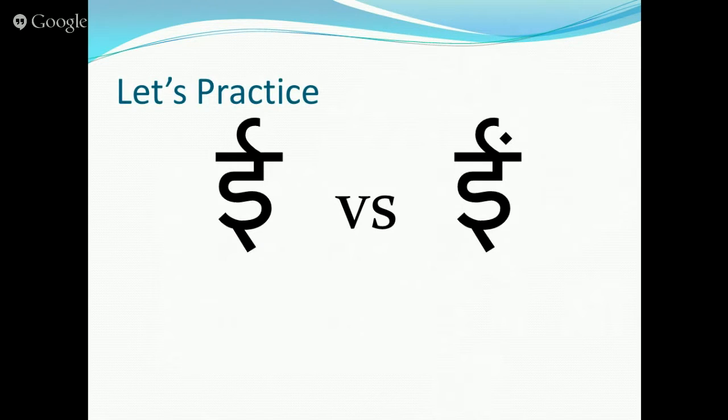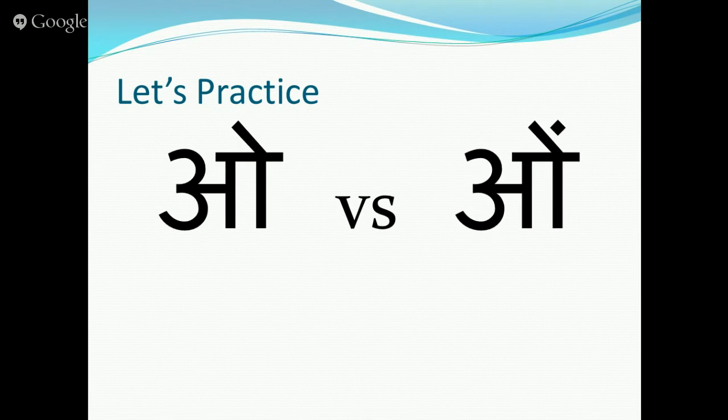So let's practice. Sorry, E is on the left, and on the right is mm. So we have E versus mm. On the left, we have O, and on the right, we have um.